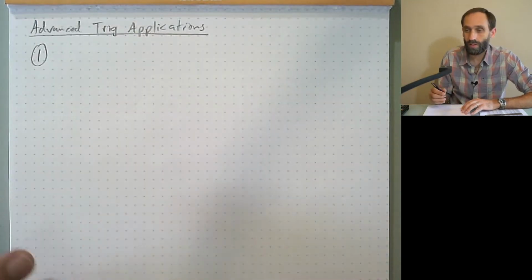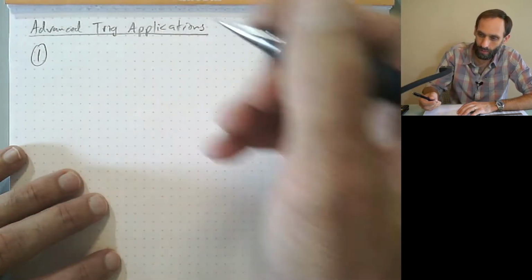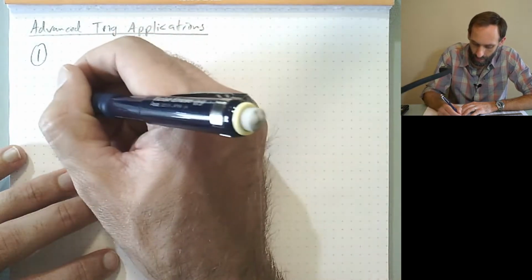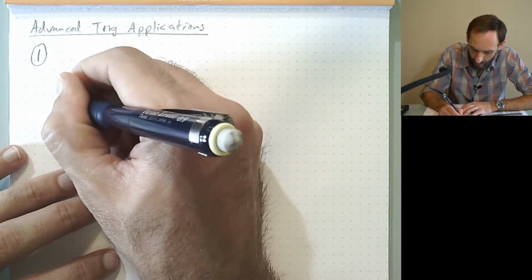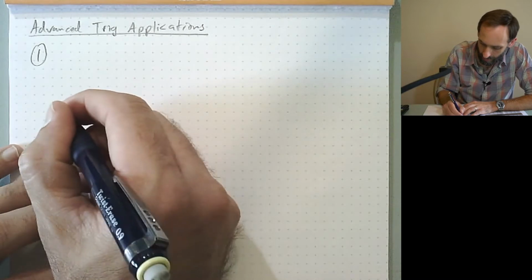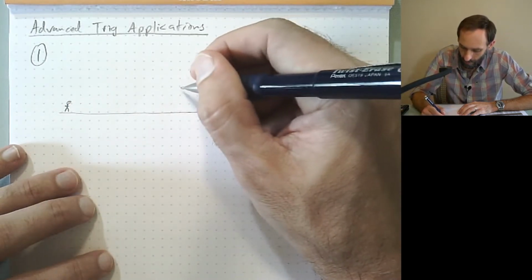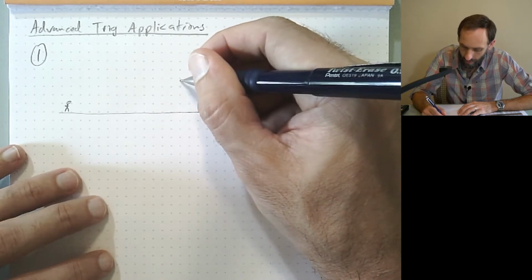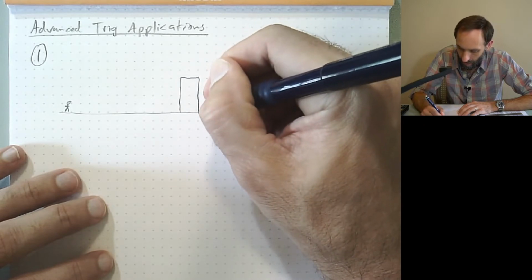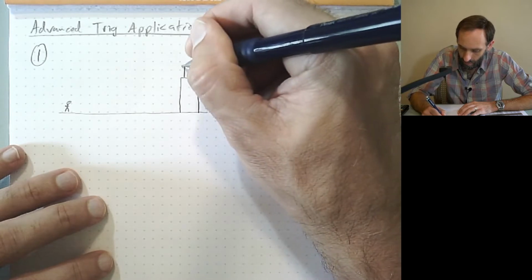This is the first more advanced application, and this one is actually not too much more advanced than what we've already done. I'm going to draw out a little diagram here. In this diagram we have a person and the ground, and there's some building, and on top of this building is some antenna tower.